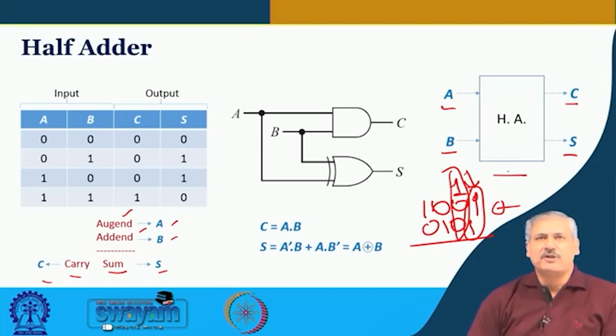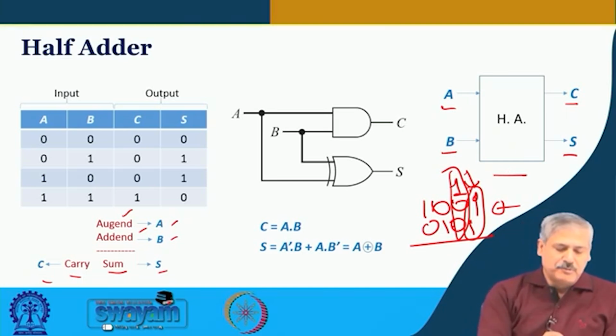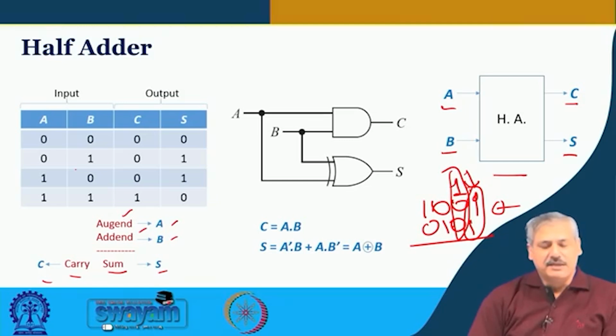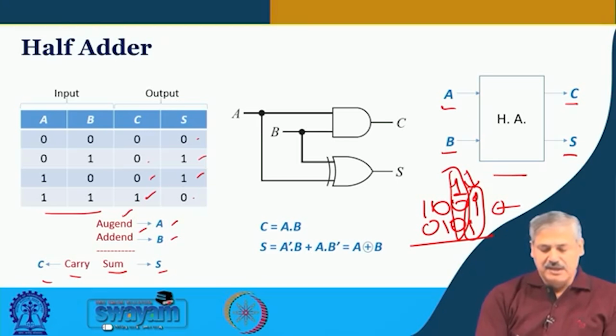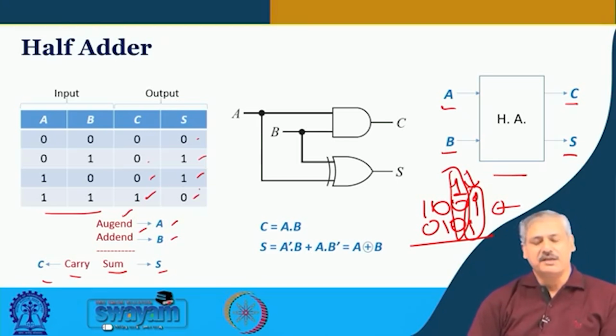And what would be the corresponding truth table? 4 possibilities at the input: 0 0, 0 1, 1 0 and 1 1. Corresponding outputs: 0 added with 0, carry is 0, sum is 0; 0 added with 1, carry is 0, sum is 1; 1 0, sum is 1, carry is 0; and when both of them are 1, carry is 1 and sum is 0.